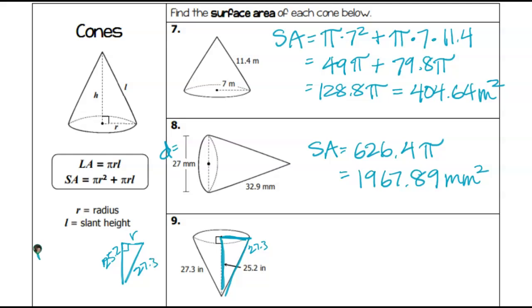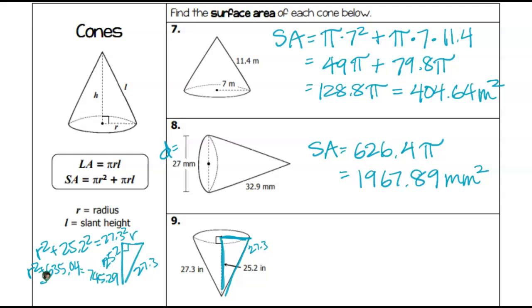So I'll say r squared plus 25.2 squared equals 27.3 squared. When I work that out, I have 25.2 squared, I got 635.04. So r squared plus 635.04 equals, and then my 27.3 squared is 745.29.